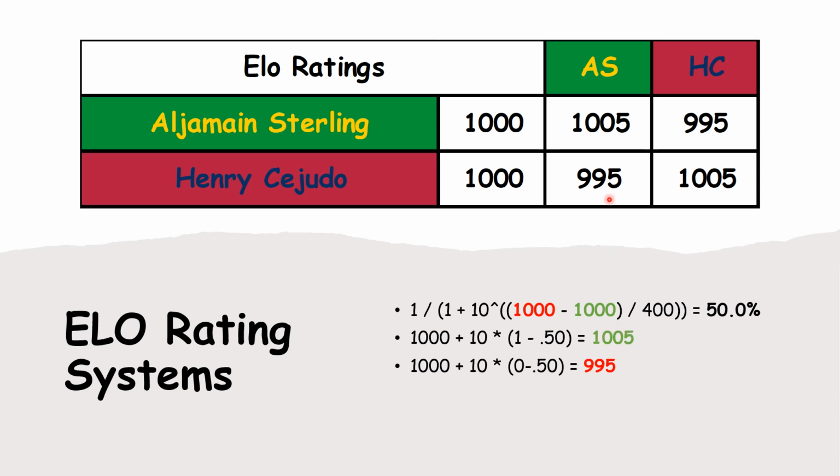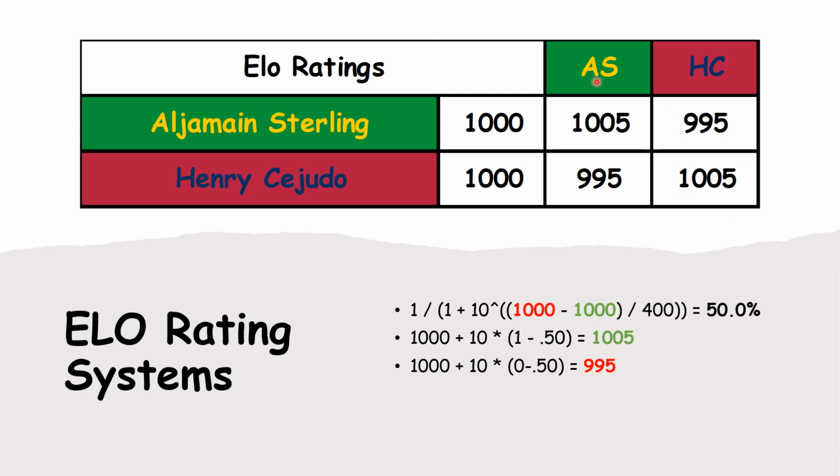And that would be Aljamain's new ELO rating. Then the bottom formula would be the opposite of Aljamain's win, which would be Henry's loss. That would bring it to 995. Now, if it happened the other way around, we would just flip it and Henry would have the 1005, whereas Aljamain would be the 995.